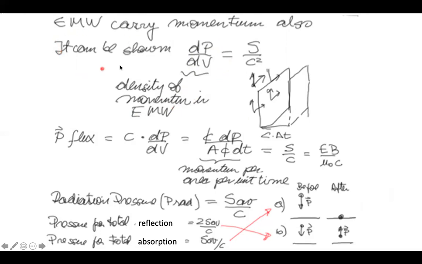I'm not going to go into the details now, but we will come back to this point later, because when we study the description of electromagnetic fields as quantum excitations, as photons, this will be certainly very evident.